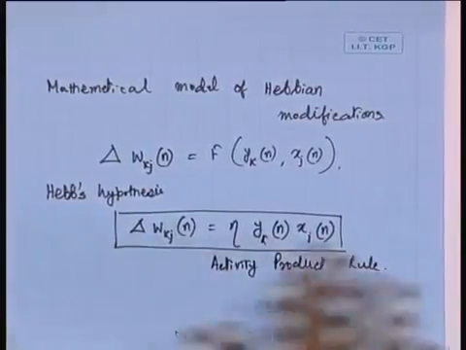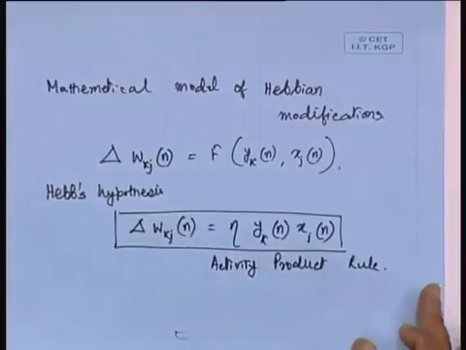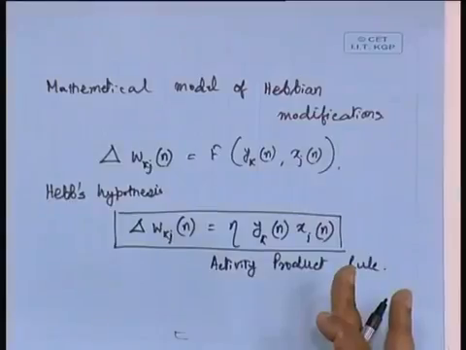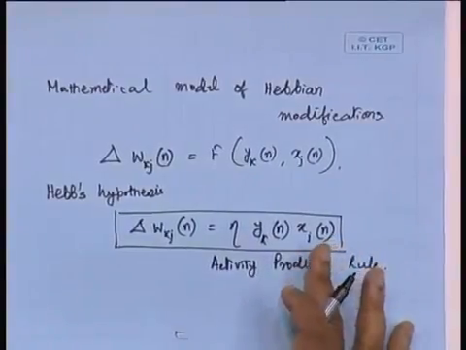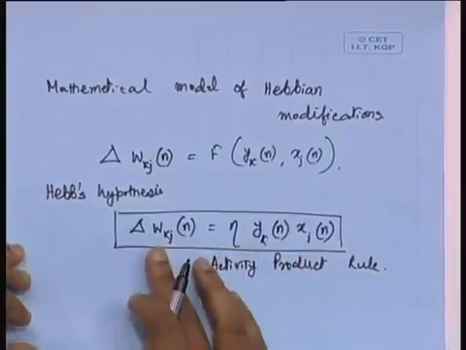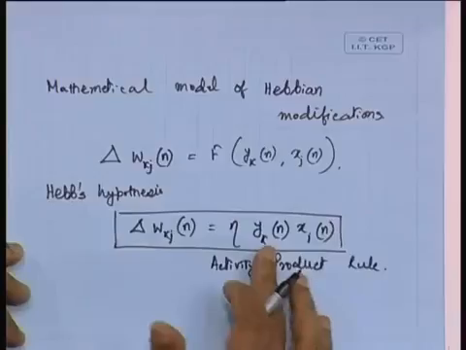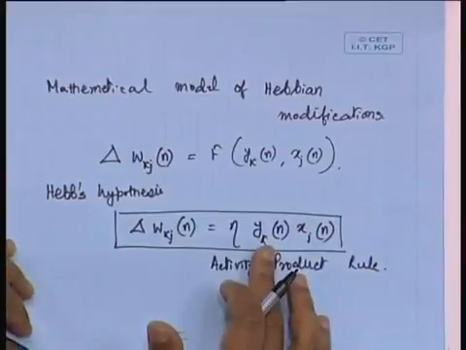Now, if we plot these, by keeping Xj constant and varying Yk, with eta of course a constant because it is a learning parameter, we plot delta Wkj versus Yk. It is going to be a straight line that passes through the origin.